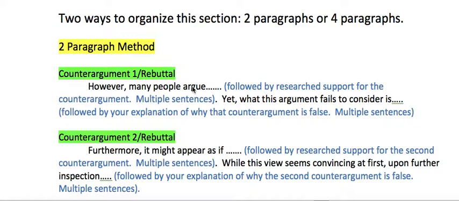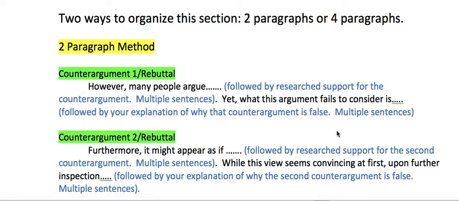Then you'll do the rebuttal in the same paragraph. "Yet what this argument fails to consider is," and then you put in your explanation, arguing directly against this counterargument that you've set up. Once again, that's multiple sentences.